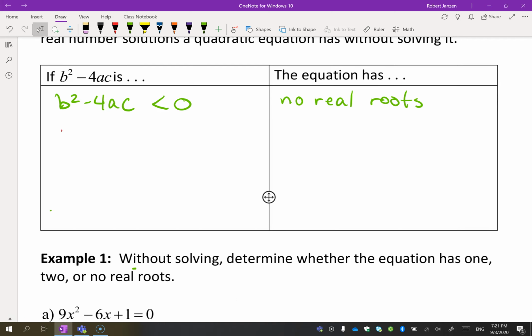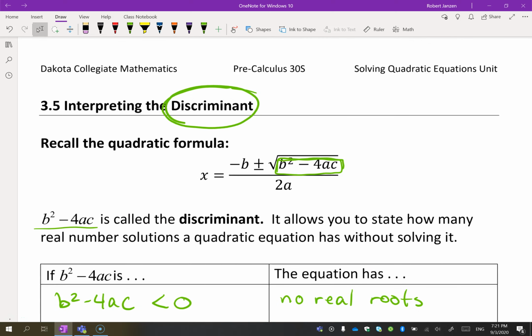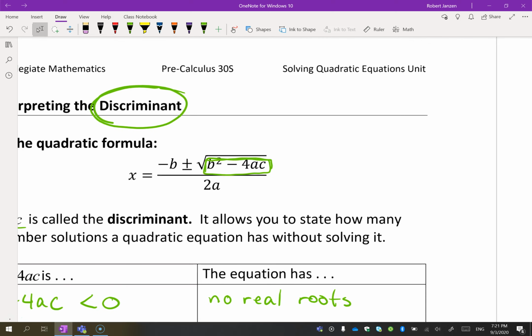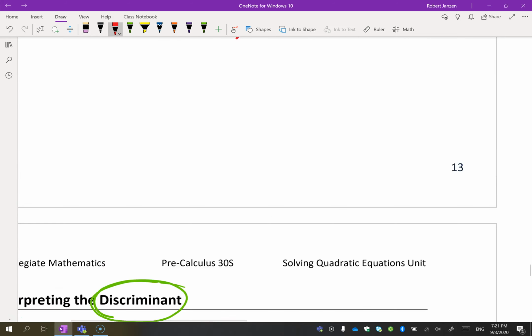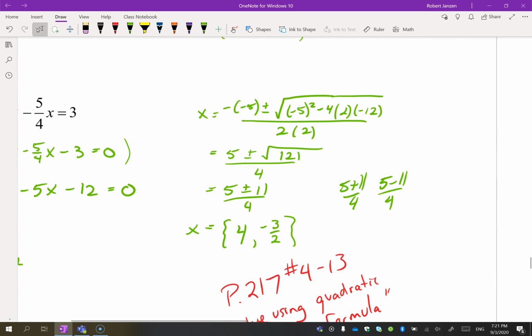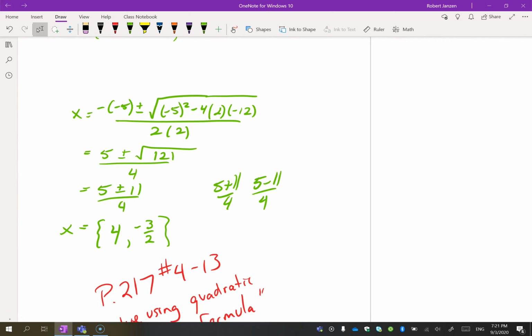Okay? What happens if the discriminant, what's in the root, equals 0? So let's picture this for a second. What if you had a 0 for one of these examples? So what if you looked at this example and you found out that this whole thing right here was 0?